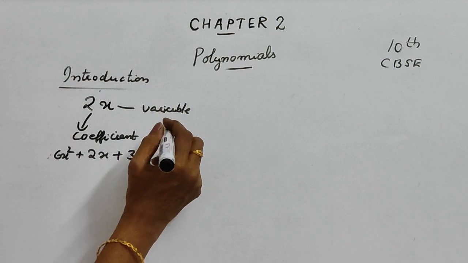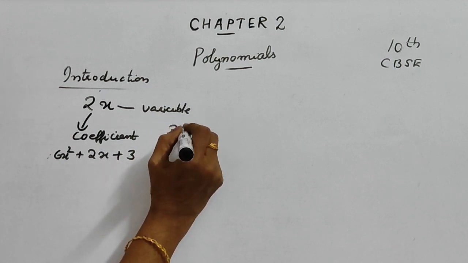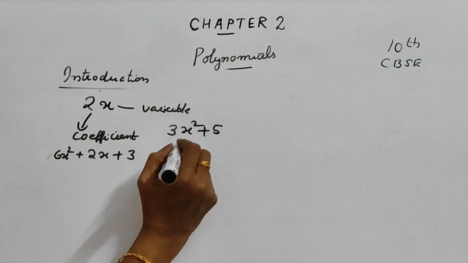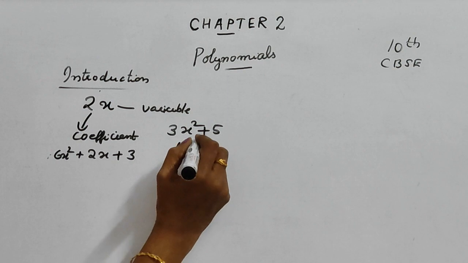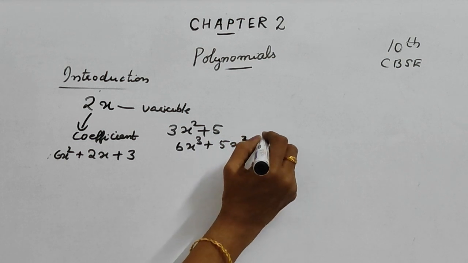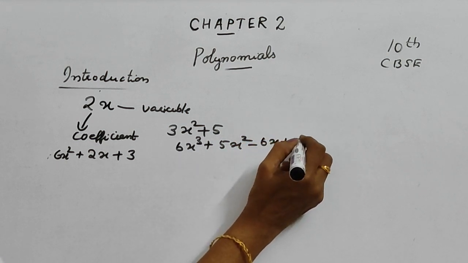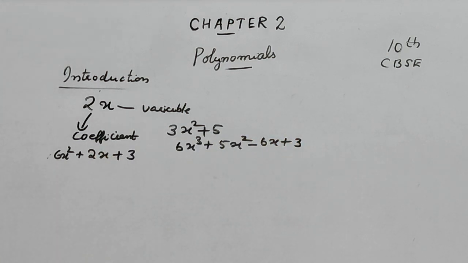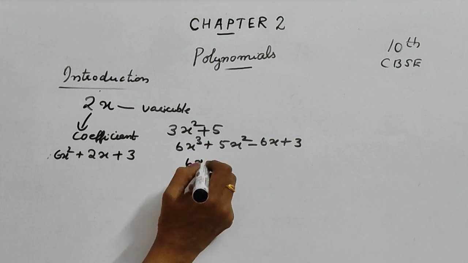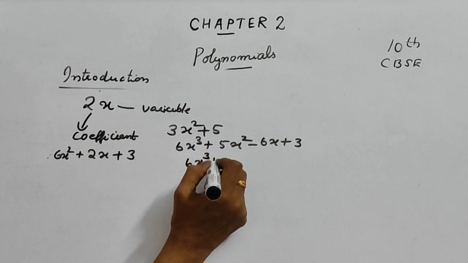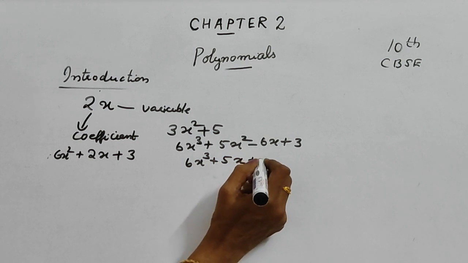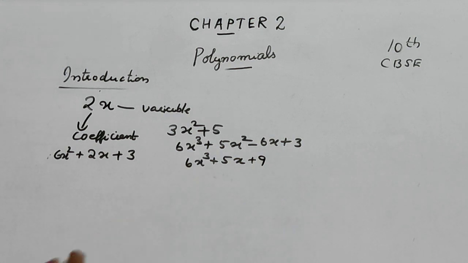Here one term, see 3x square plus 5. 2 term, 6x cube plus 5x square minus 6x plus 3. See 1, 2, 3, 4 terms. Now 6x cube plus 5x plus 9.